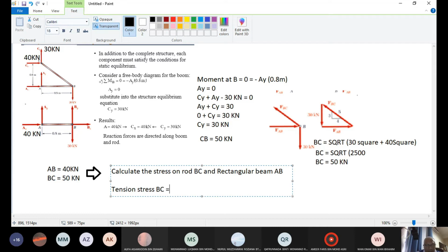Stress BC equal to 50 kilonewton divided by cross-sectional area of the rod.